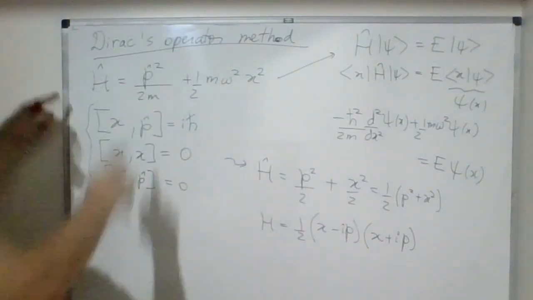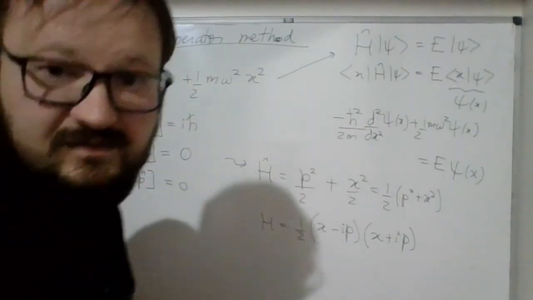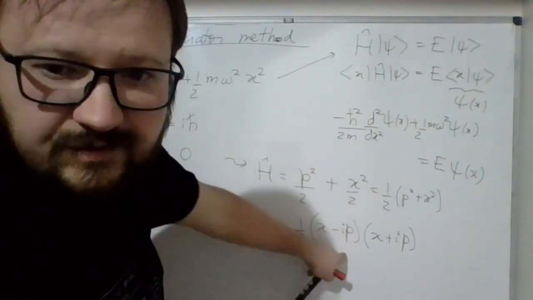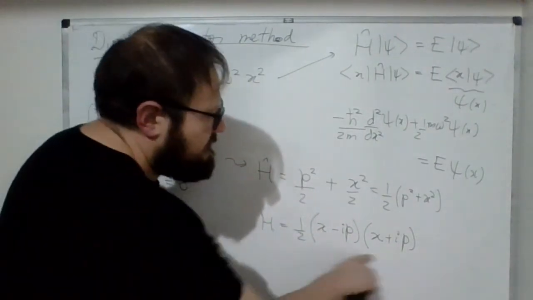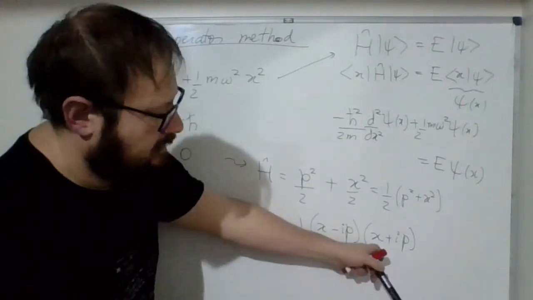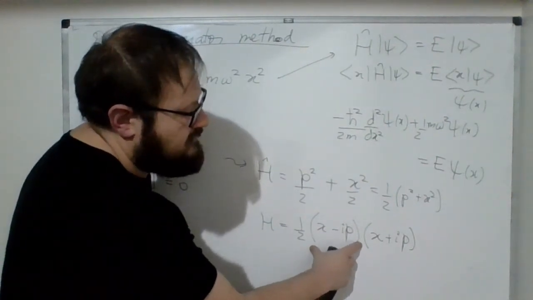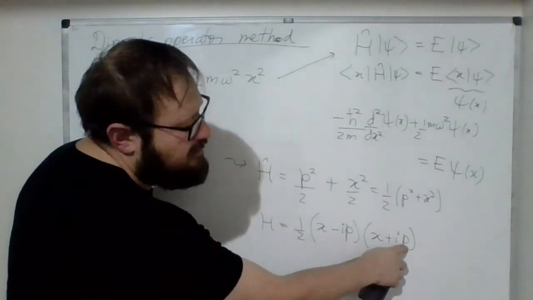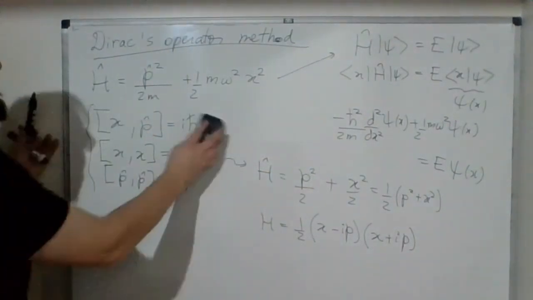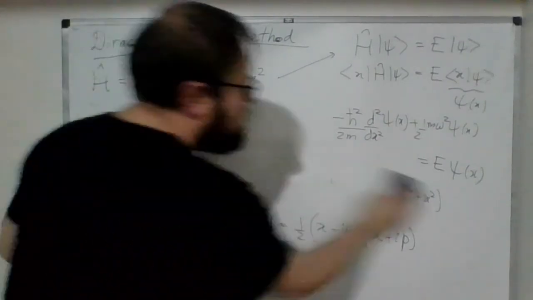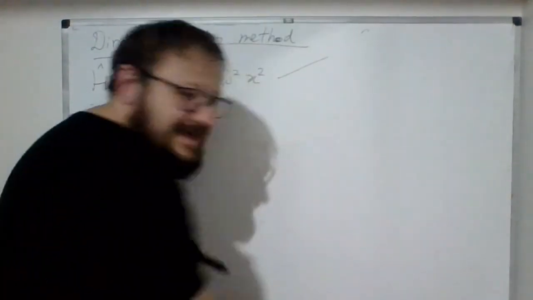But Dirac, noticing these facts, and I don't know if he looked at something like this, but it seems pretty nice, put the Hamiltonian in a form of first order differential operators, because P appears just at order 1 here. Dirac defined the following operators, the so-called creation and annihilation operators, or ladder operators.